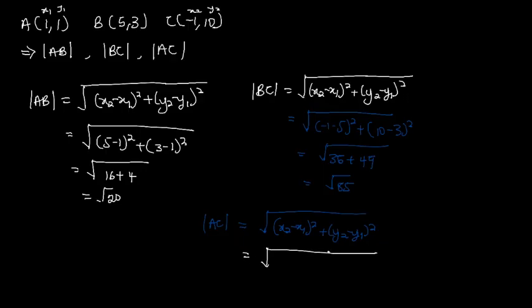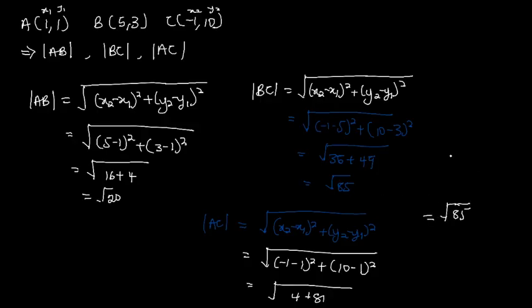So this is equal to, my x2 is -1 minus my x1 is 1 all squared, plus my y2 is 10 minus my y1, which is 1 all squared. So this will give me the root of -2 squared will give me 4, plus 10 minus 1 will give me 9. 9 squared is 81. So I have the root of 4 plus 81 will give me root 85.